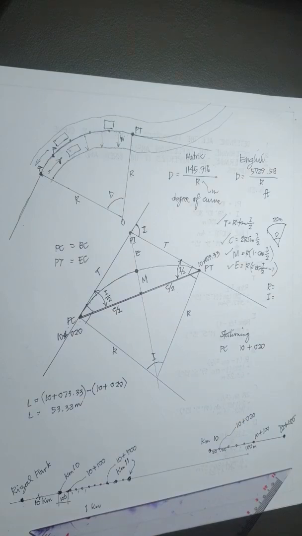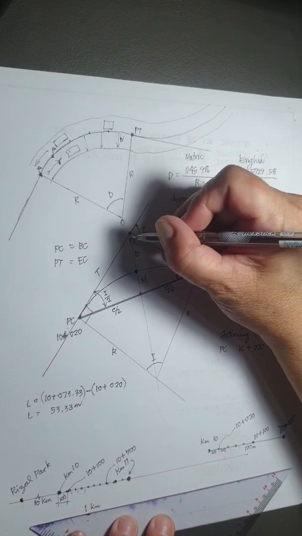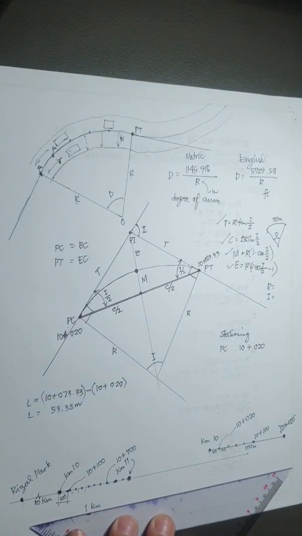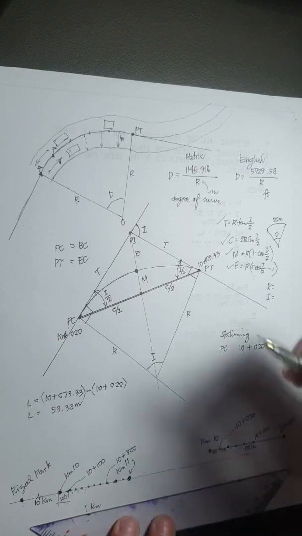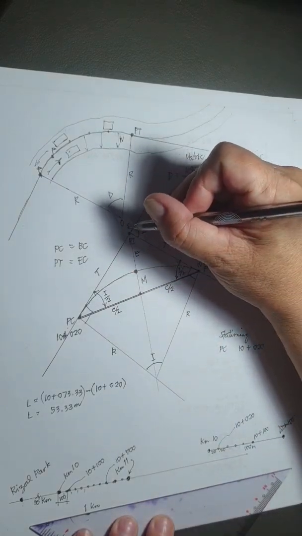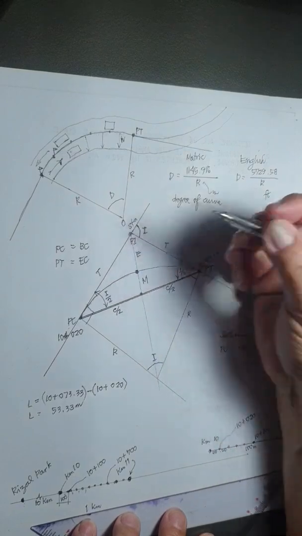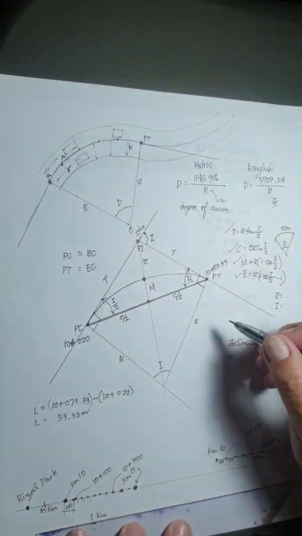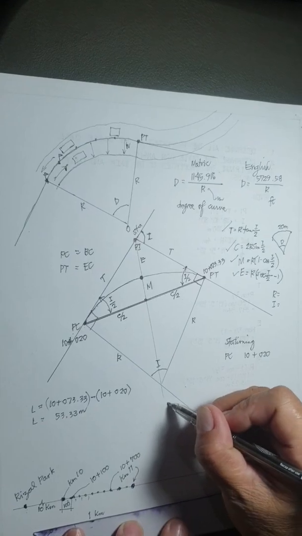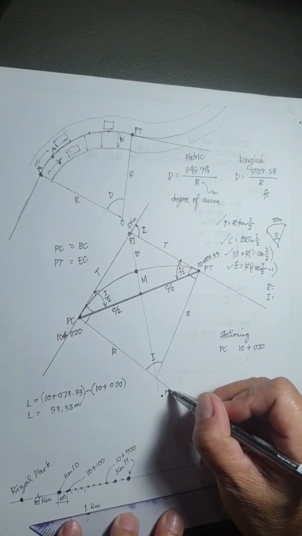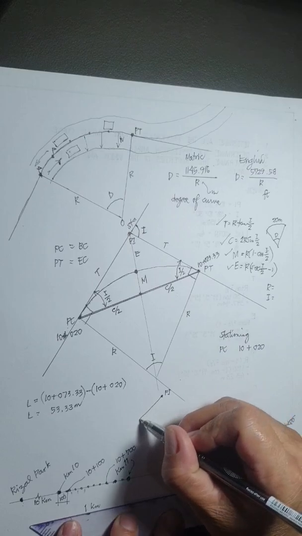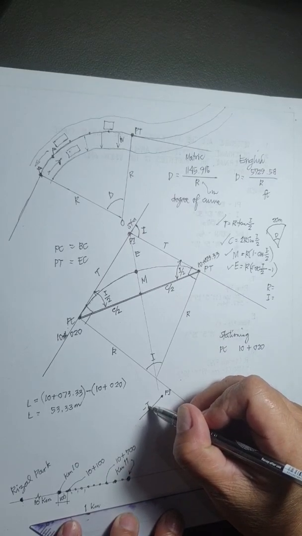Now, usually, nilalagyan nila ng station dito. So, if you are given station PI, yung station dito, ang mangyayari, ang paglalagay ng stationing mo will be from PI. So, from PI, you start from PI. Okay? You go negative tangent.